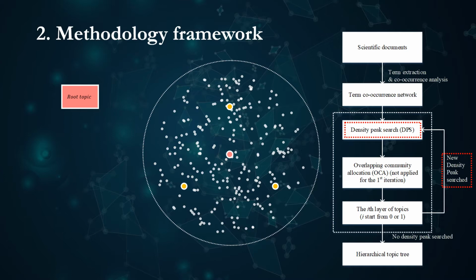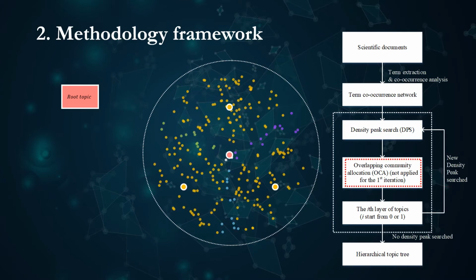These three more density peaks may constitute three clusters, and we apply the OCA algorithm to the network. And you can see the three yellow clusters are formed because the yellow nodes distinctively belong to one of these yellow centers.